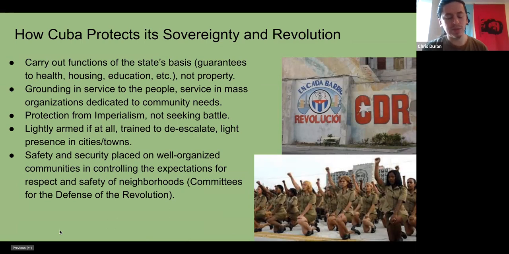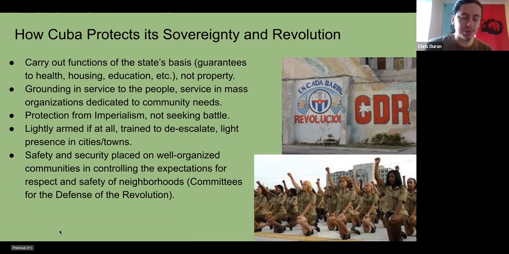So the things that institutions like the military and police protect are workers' ownership over production, rights to healthcare, housing, and education, and protection from imperialism. Cuba has been invaded several times, has suffered multiple terrorist attacks by the United States, and the United States still illegally occupies a part of its land at Guantanamo.